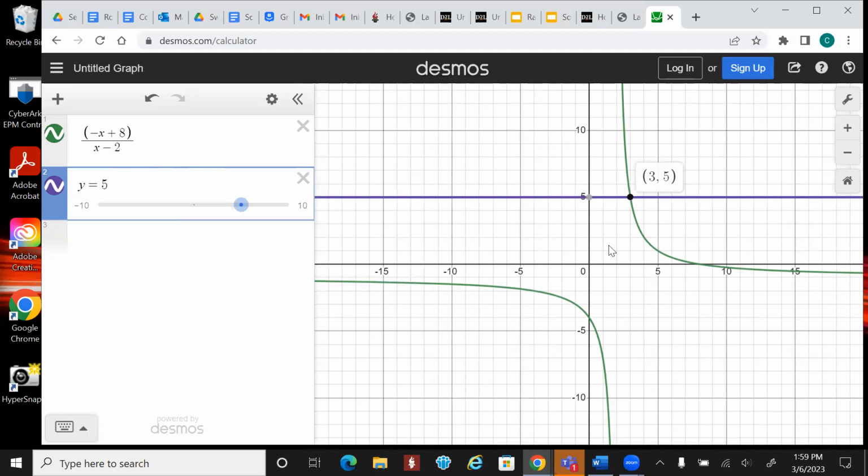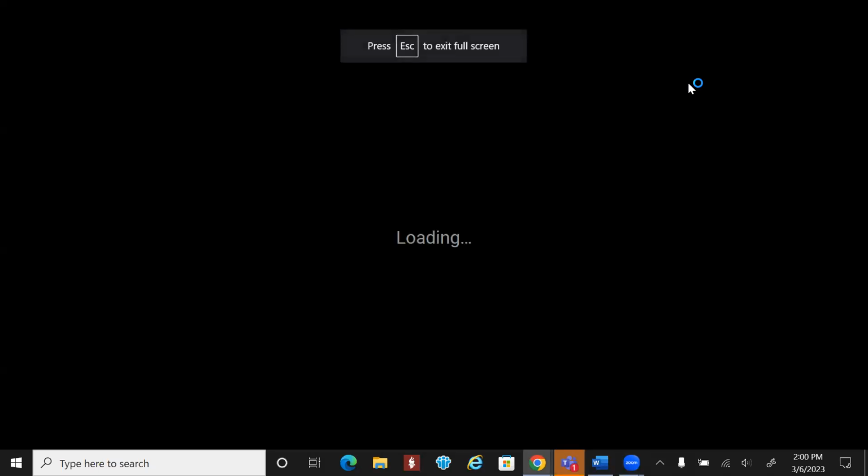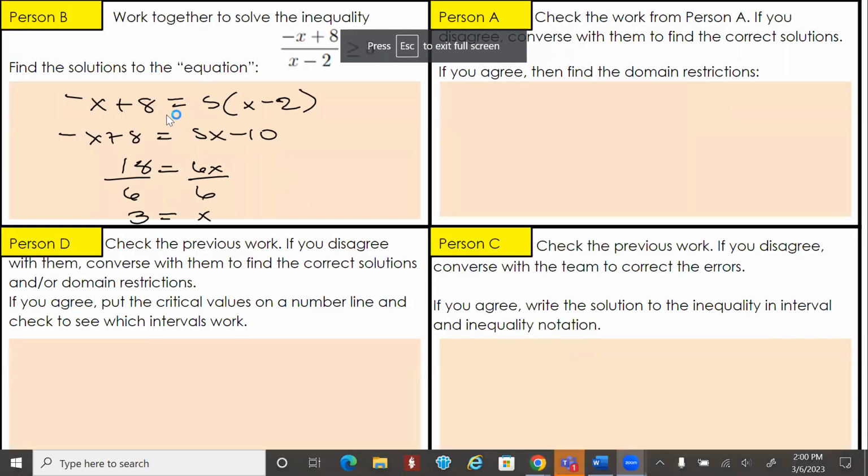So that's why knowing how to pull a vertical asymptote from the equation is important, or looking at the graph is important. We have a vertical asymptote at 2, and then it goes until 3 that it's greater than 5. Coming back to our inequality, this is how I went about solving this one.